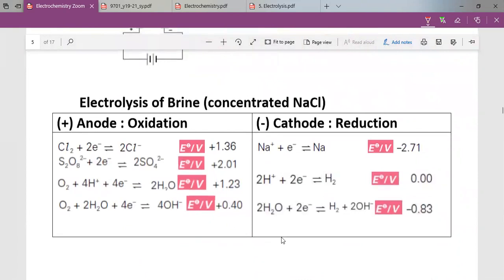Now I put down all the things here. Of course, again, I pasted this one wrongly. All right, so I have to put my chlorine here. Remember, NaCl goes to Na plus and Cl minus, which means it's concentrated. This will be more than 1, at least 1.00.